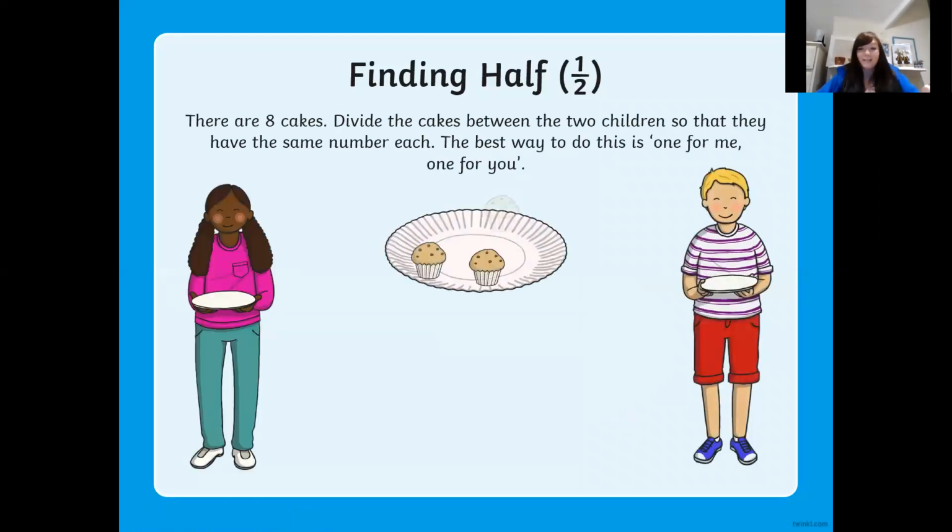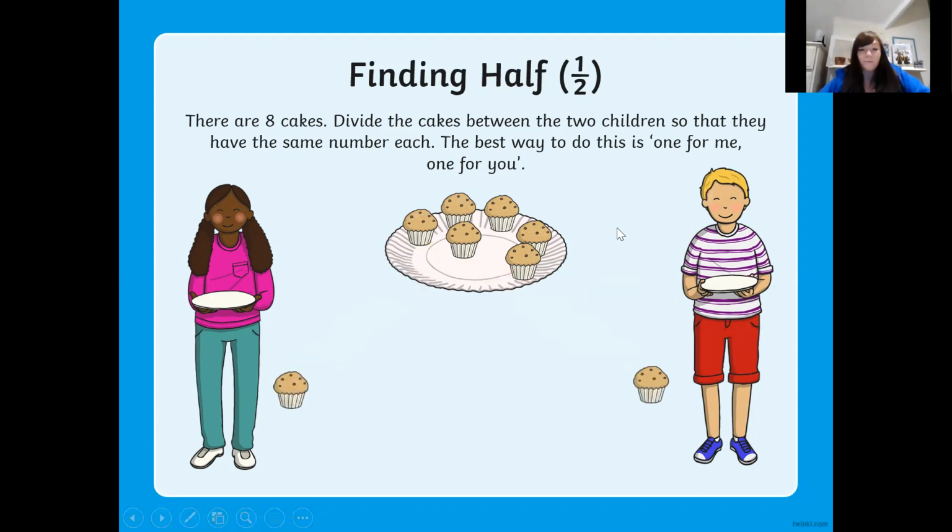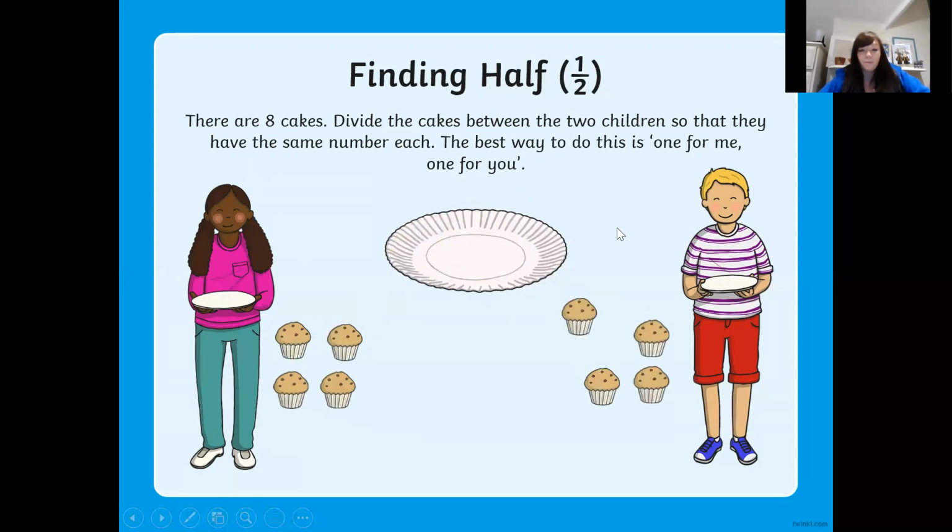They're being split between 2 children. Okay, it's dividing it by 2. Okay, so we can see that each child has half of the amount of cakes.